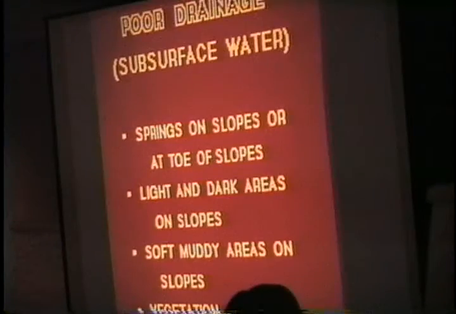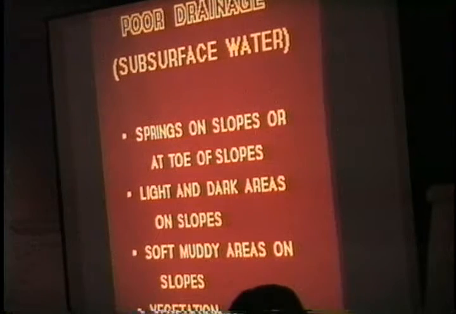Here's another unlined ditch, and water's coming off the road. Oh, that's that same motel. Son of a gun. Different angle. The old motel. Poor drainage, subsurface water, springs on slopes or at the toe of the slope.